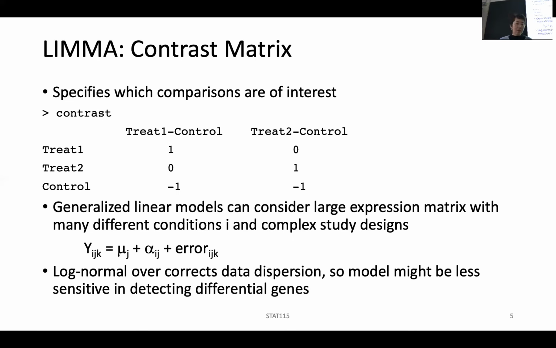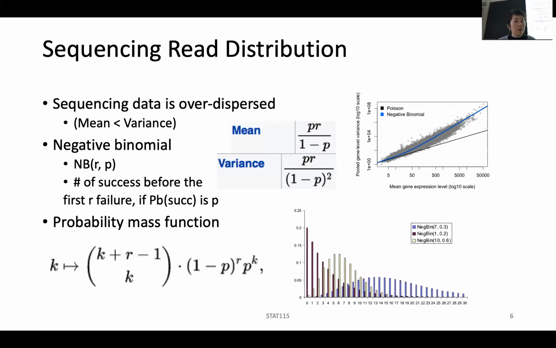If you do log normal, yes, it will work to a certain degree, but it's less sensitive in detecting the truly differential genes because you're shrinking this data distribution too much. And so later on, a more sensitive method is modeling the sequence read count distribution by negative binomial distribution.